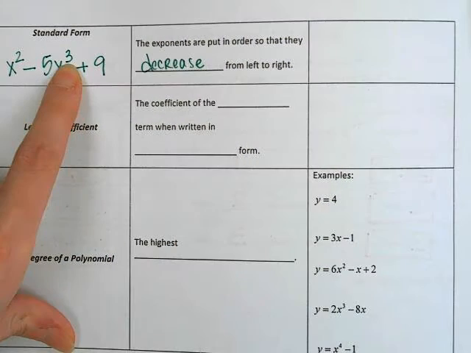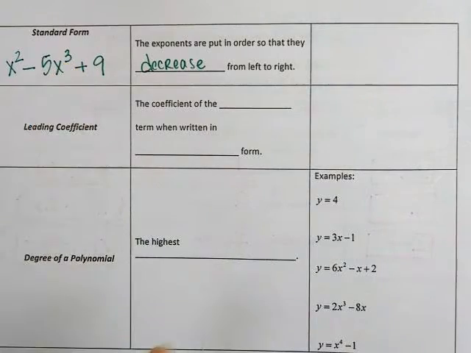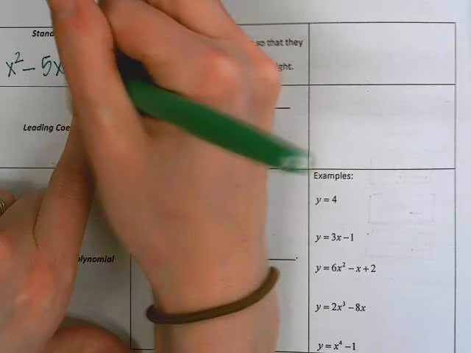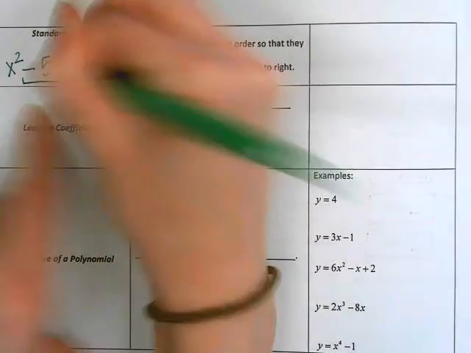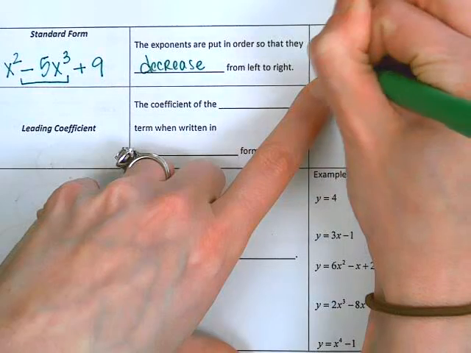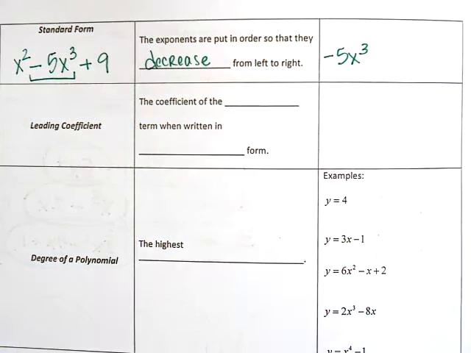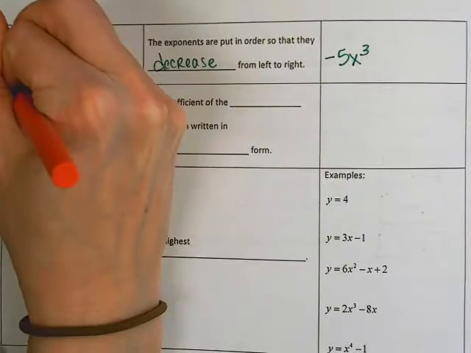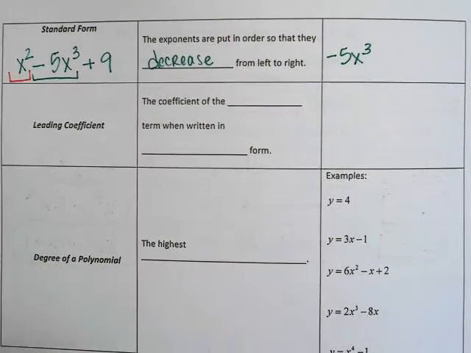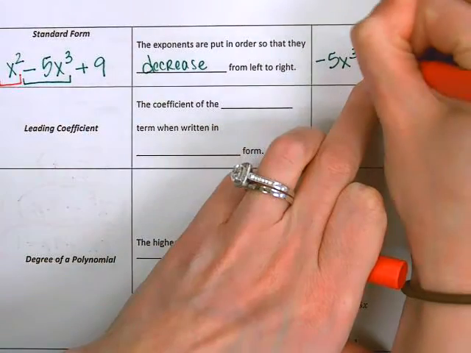Standard form would be rearranging it so that the exponents are going down. So see how 3 is the highest exponent? That whole term is going to go first. So the negative 5x cubed, we write first. And then the next highest exponent is the squared, so that's going to be next.